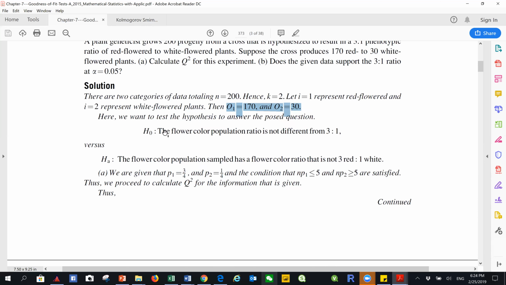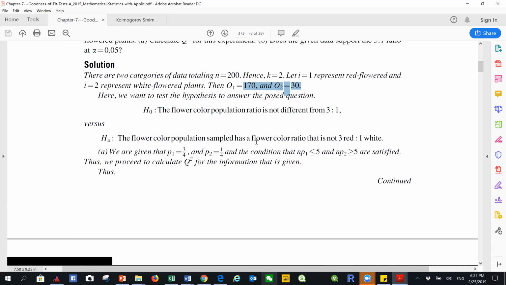Then here is the hypothesis, the ratio. If you just compare the ratio, it may be 5 or even 5.6 or 5.7 to 1. Is that close to the 3-to-1 ratio? It may or may not be true. We don't know, so we have to do a test.